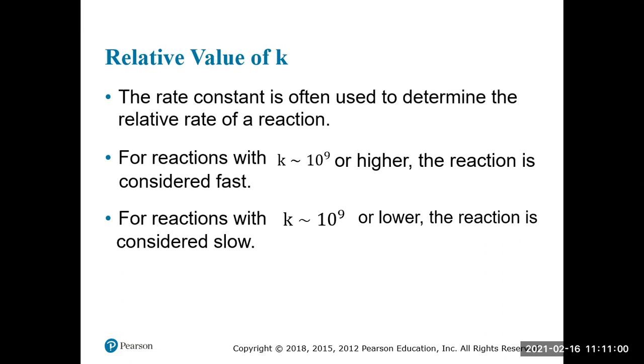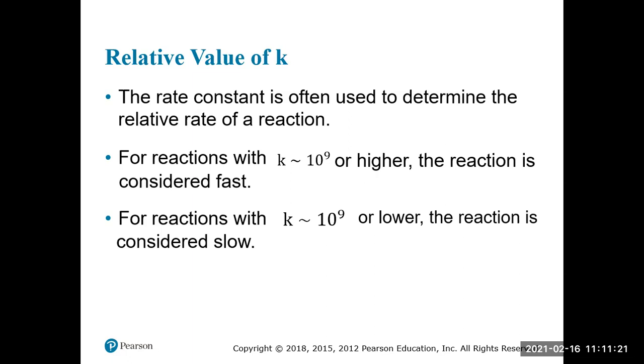We had talked about how rate constants are temperature dependent. So you could increase the temperature of your reaction, and that might increase the rate constant and thus increase the rate. There are some other things you can do. We'll talk about catalysts a little later in the chapter.